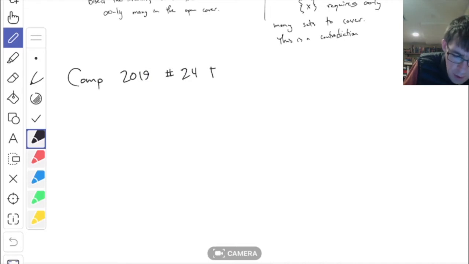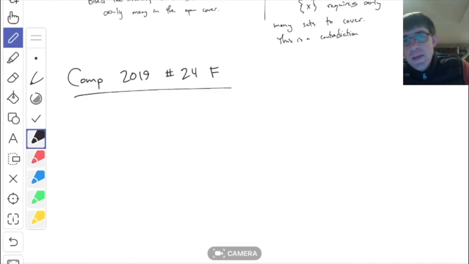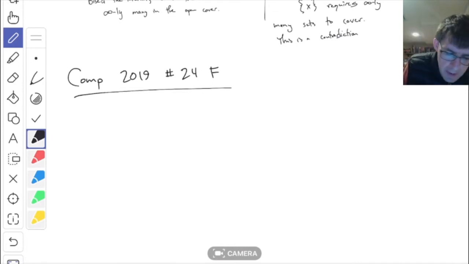I want to do part F. We did A, B, C, D. Part E says, state the Heine-Borel theorem. So you just write, the following are equivalent: K is compact, K is closed and bounded, and any open cover of K has a finite subcover. That's the statement of the Heine-Borel theorem. Part F, this is very easy, I think, if you have your wits about you.